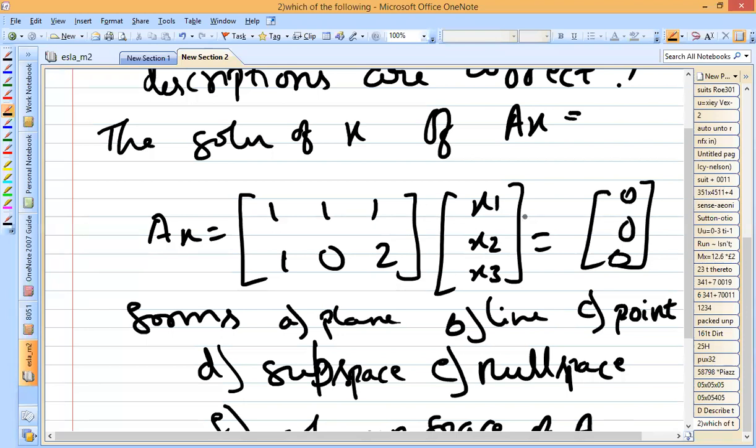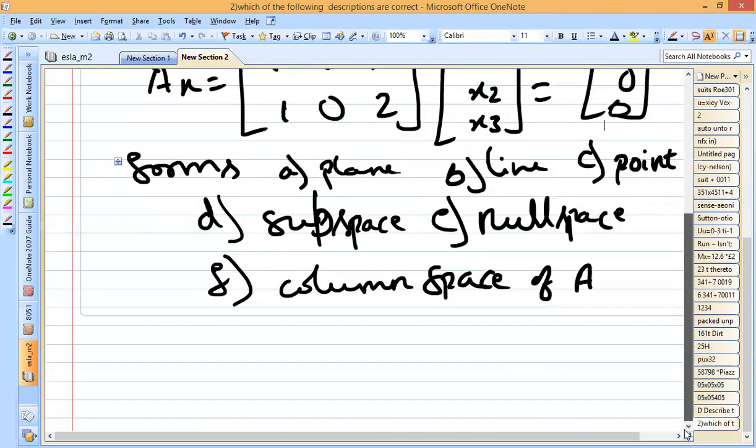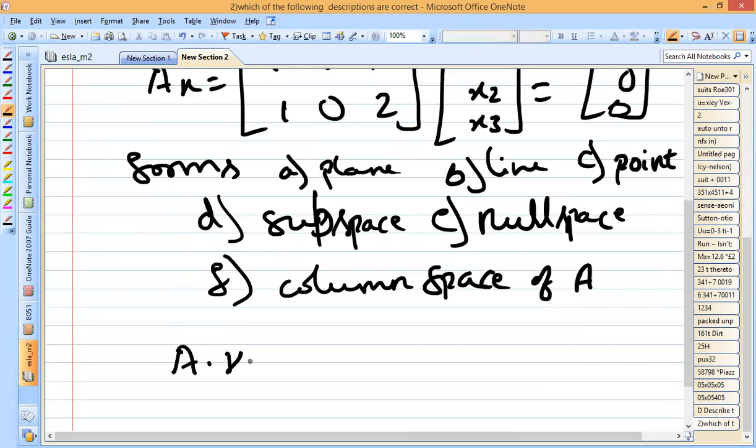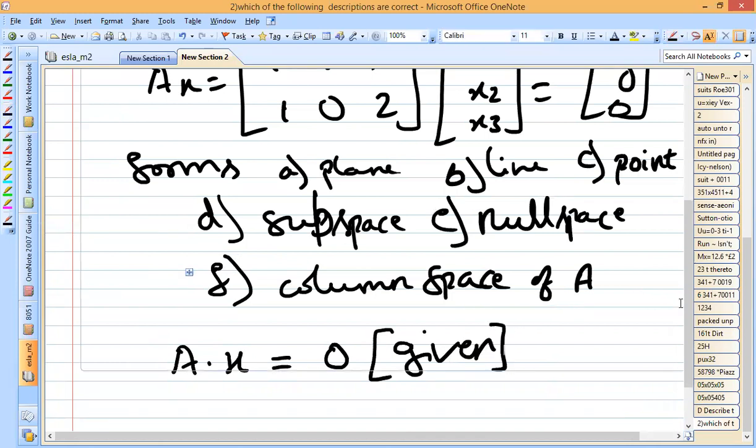Whether this solution is forming a plane, line, point, subspace, null space, or it is defining a column space. We need to identify what this matrix is defining. From the given data, you can see that when A is multiplied with the elements of X, it is resulting in the value 0.